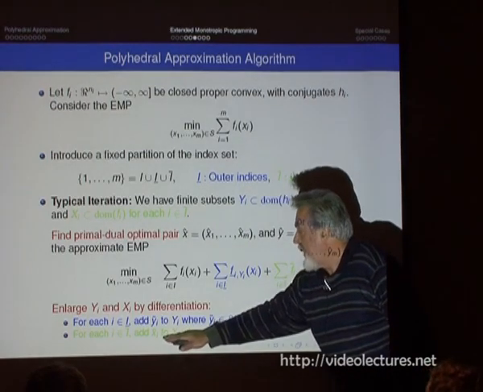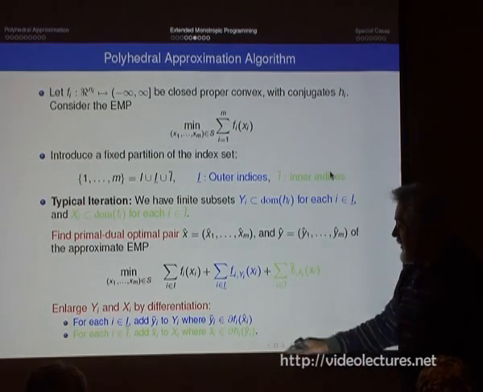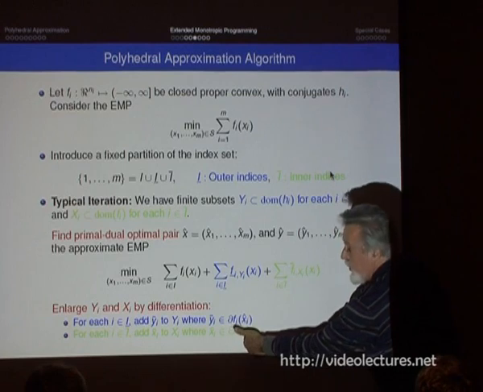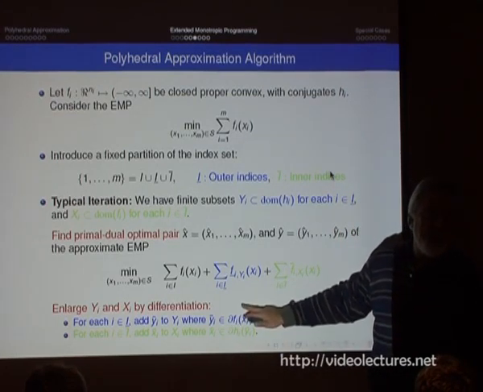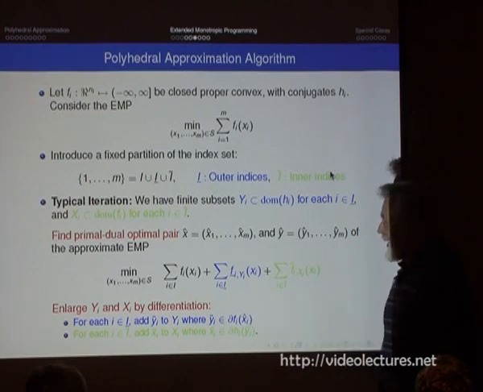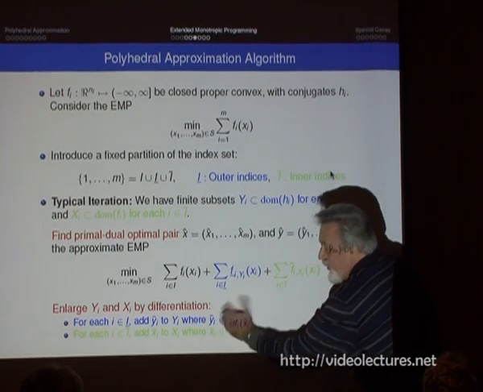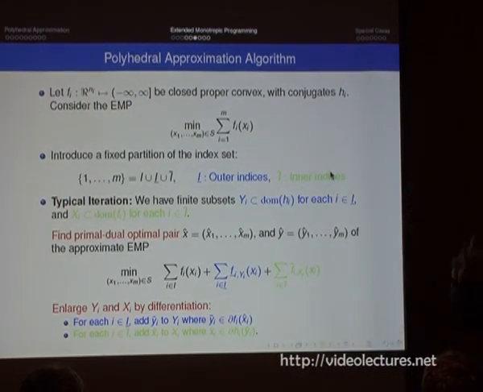Similarly, for the green indices, the inner linearized indices, we again do differentiation, but we reverse the order of differentiation. We differentiate the conjugate instead of the original. Of course, there is subgradient duality, so you can reverse this and that if that's convenient algorithmically. And that's the algorithm.